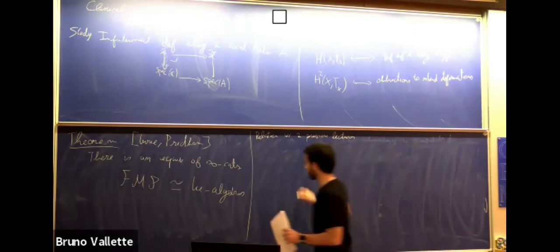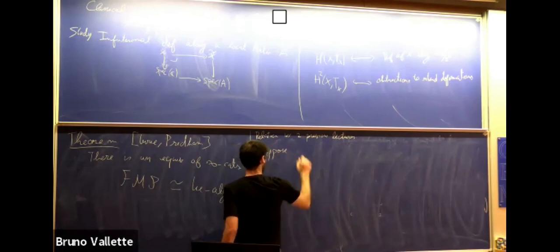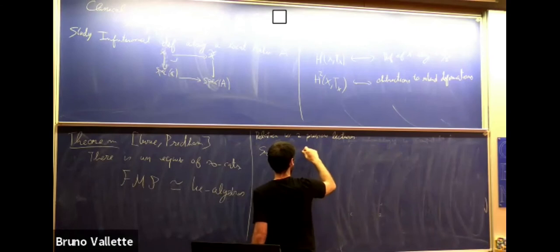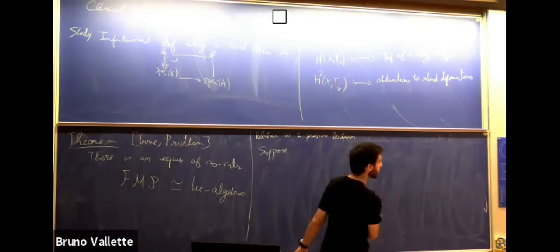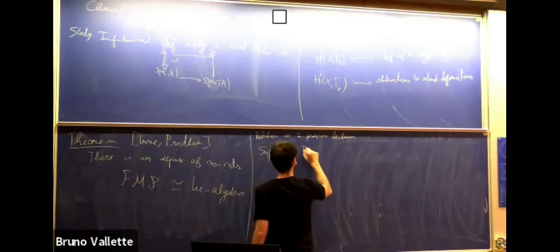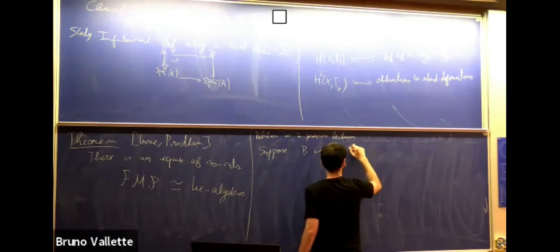So take the following. Suppose you have, so I'll try to keep A for Artinian for the Artinian algebra. So suppose B is an associative algebra.